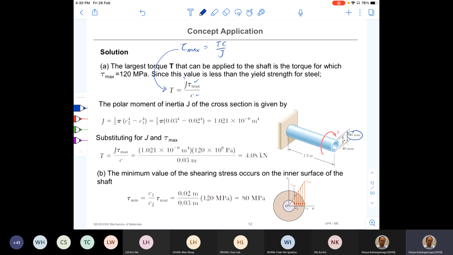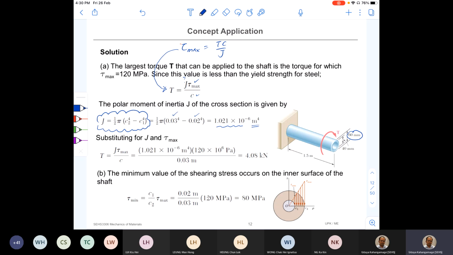We know that it's a hollow circular section. Therefore, for a hollow circular section, the polar moment of inertia is given by this equation. Here c2, the maximum radius, is 30 millimeters, and the minimum radius is 20 millimeters. Therefore, we can get this value for the polar moment of inertia, and the units are meters to the power 4.